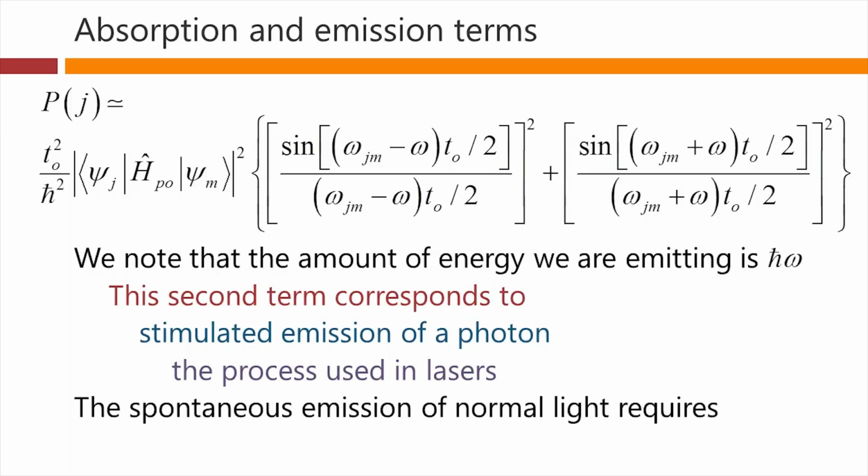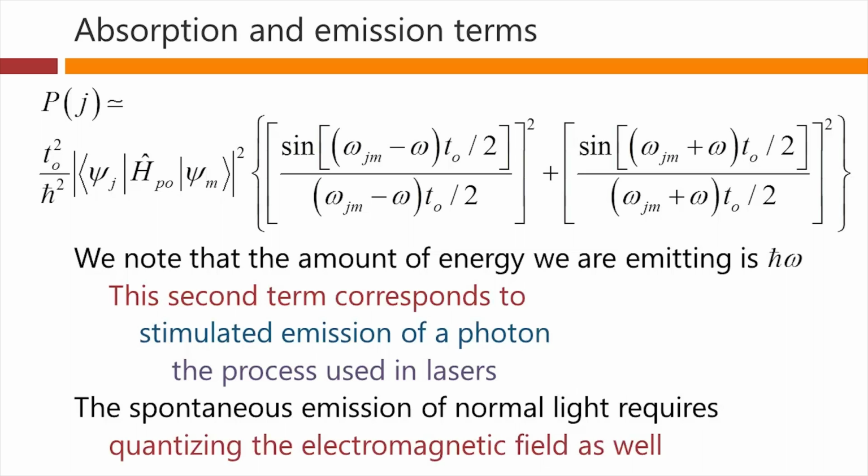Now, this is not the process that occurs in normal emission by, say, light bulbs or even the sun. The spontaneous emission of normal light, to understand that, actually requires that we quantize the electromagnetic field. And we're not doing that here. We're treating the electromagnetic field as a kind of classical field.